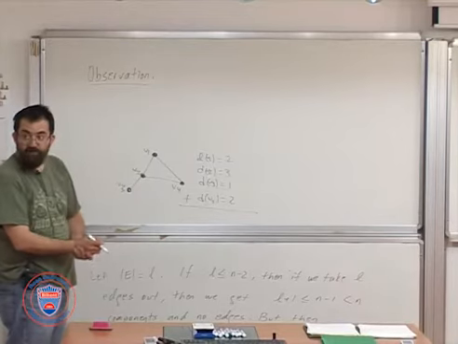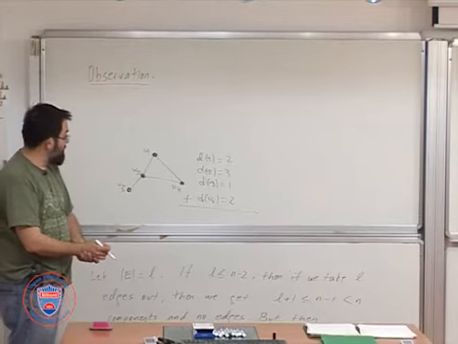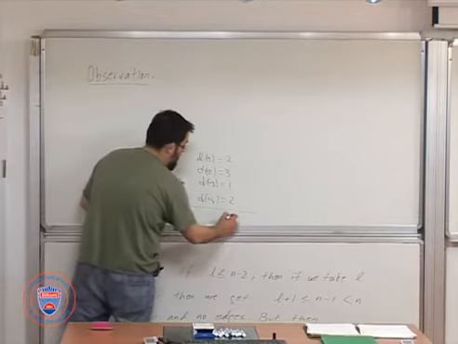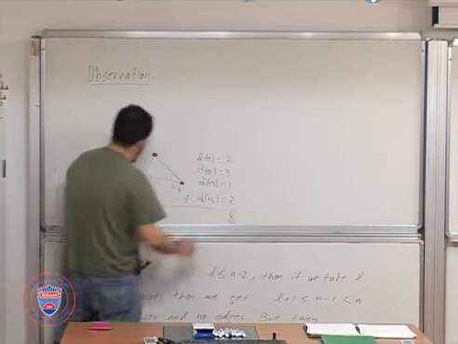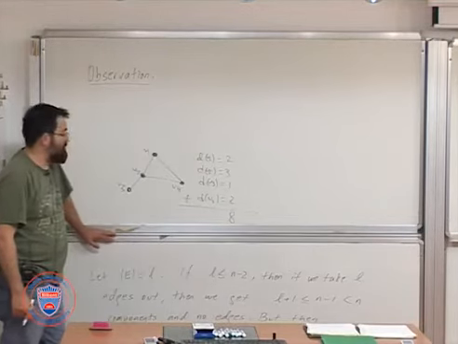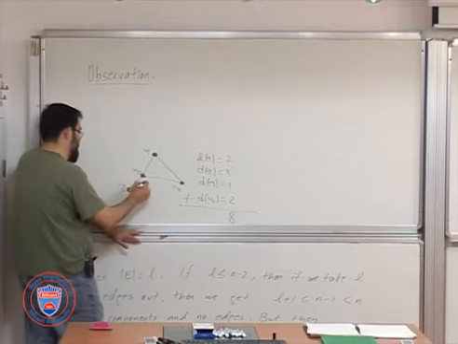Can you see what it is? So if I sum all the degrees, you get 8. Is 8 something? Maybe I should throw some more edges.